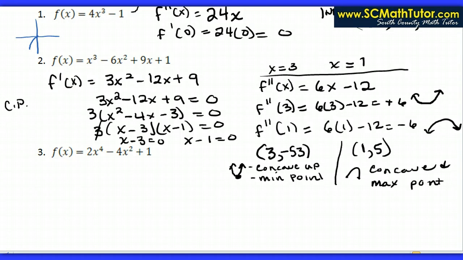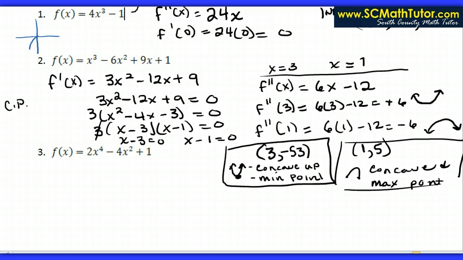This is a very loaded example because it's asking you for a lot of things. You can learn a lot from this one example. It's also asking you for an inflection point. Inflection points are where the second derivative equals 0. So 6x minus 12 equals 0.